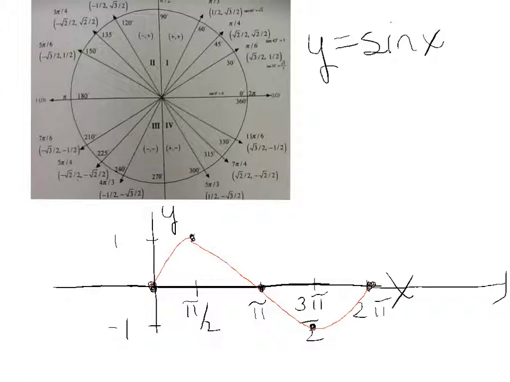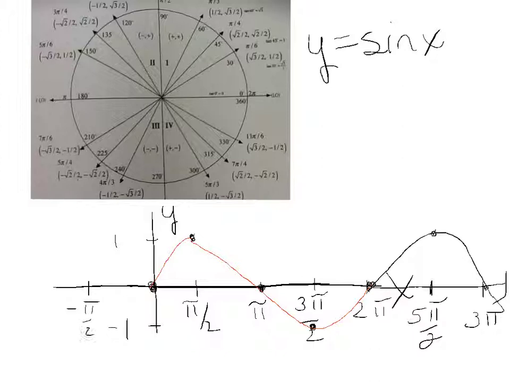We'd have 2 pi, and then 4 pi over 2, 5 pi over 2, 3 pi, and it would keep on going, and we're going to have another maximum here. And it would keep going like this. If we backed it up this way, this would be negative pi over 2 and negative pi.